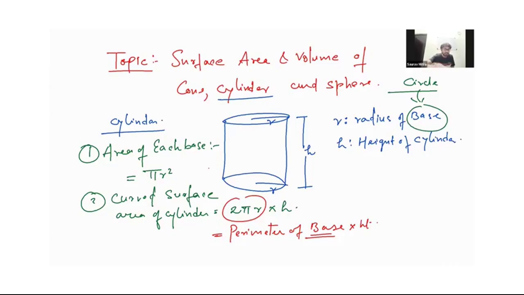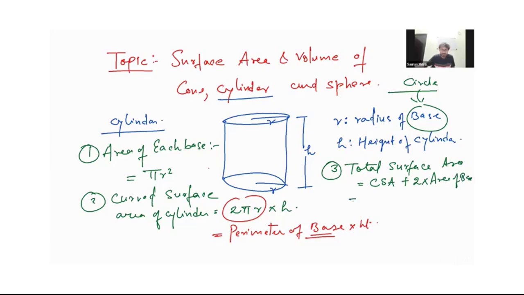Now the third point we should know: what is the total surface area? The total surface area means the curved surface area, this outside portion, along with the area of the two circles, the top end and the bottom end. So twice the area of base.